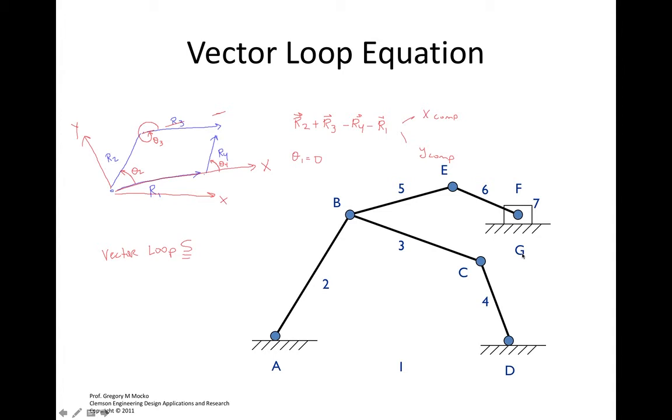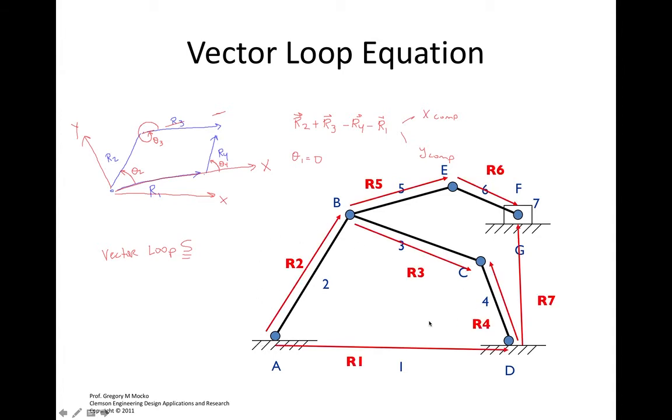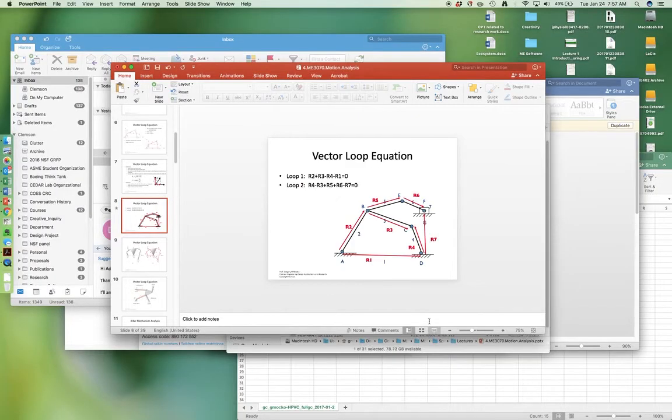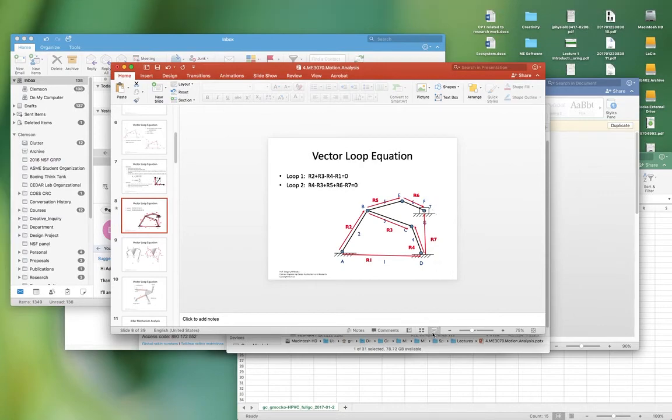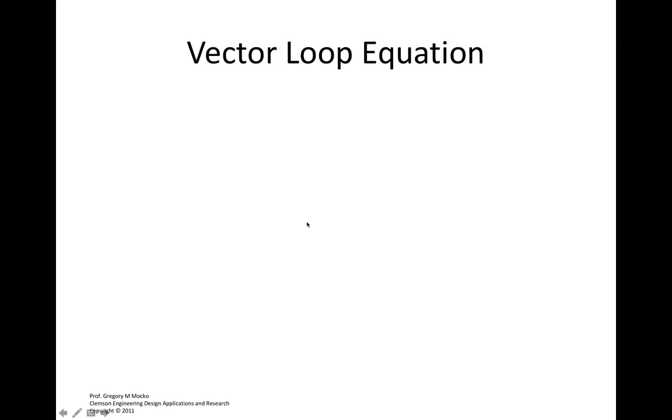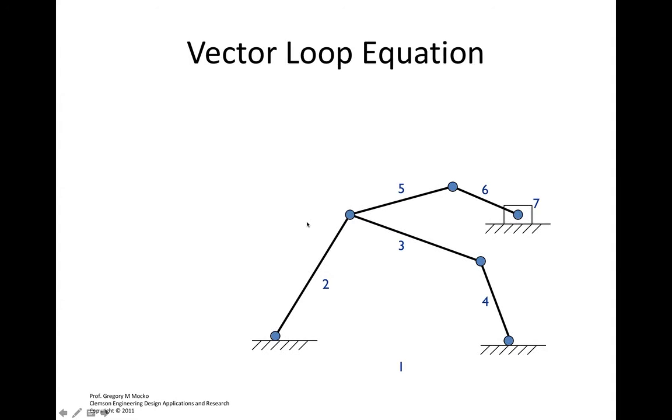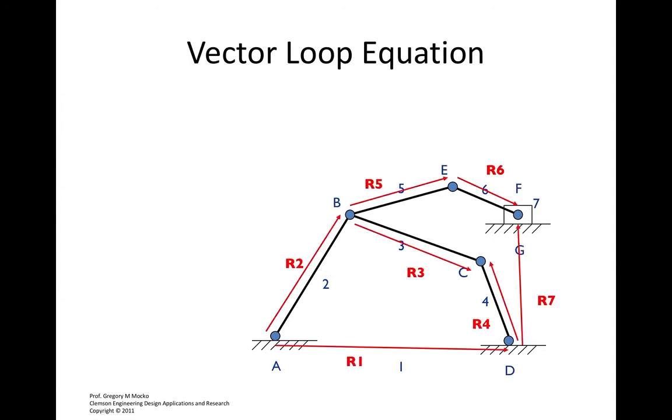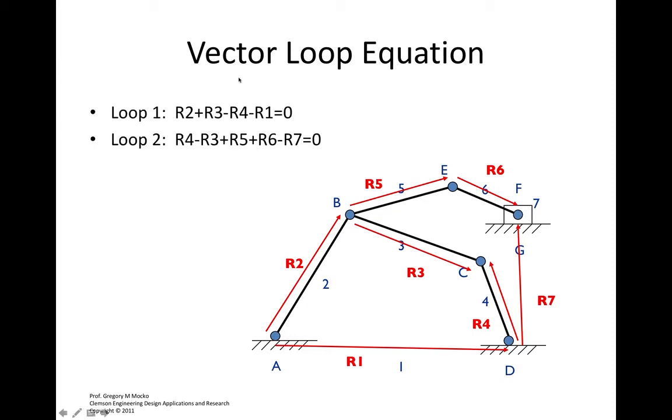And then from this, we can draw the vectors. So after drawing the vectors, we can extract out two vector loops here.